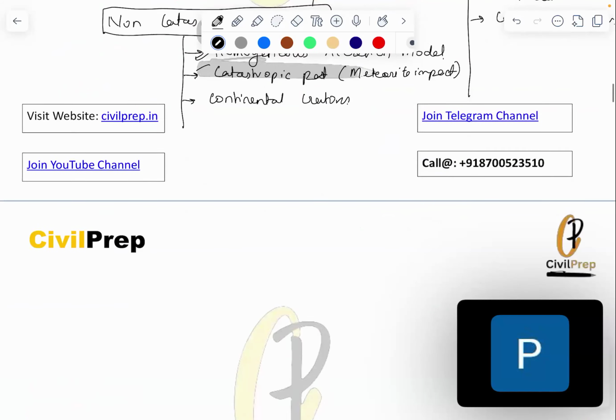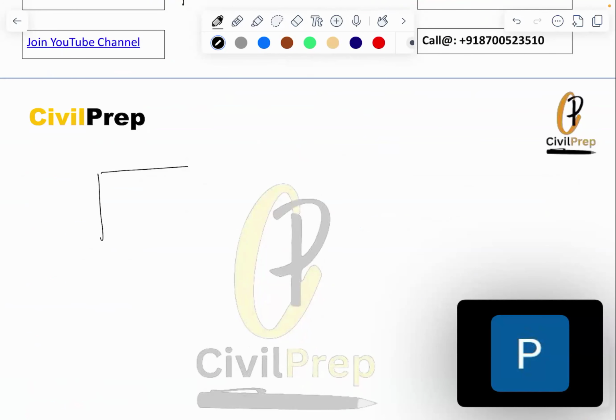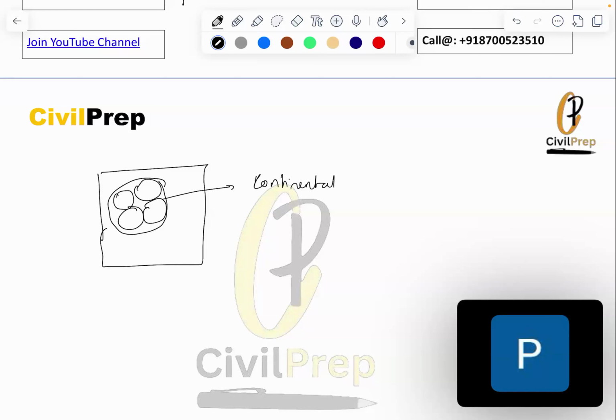Now, continental cratons, for example, over the Earth's surface, this is one continental nuclei, this is another continental nuclei, this is a third continental nuclei, and this is a fourth continental nuclei. Because of the convergence between them, they got stuck and fixed with one another.